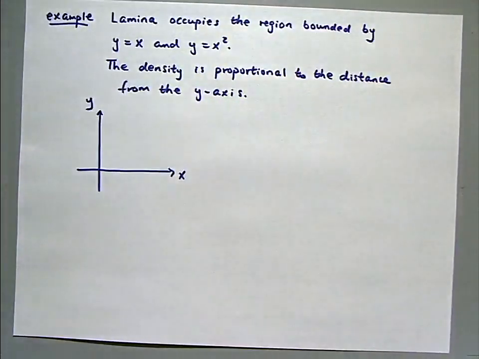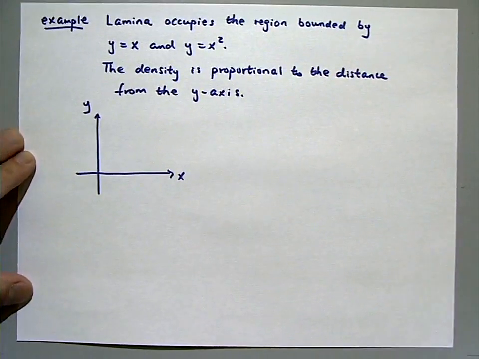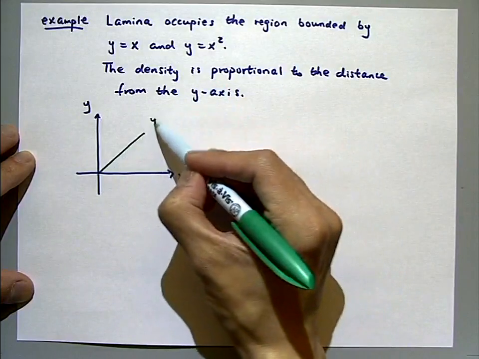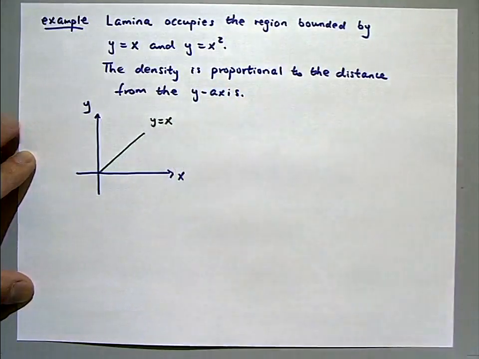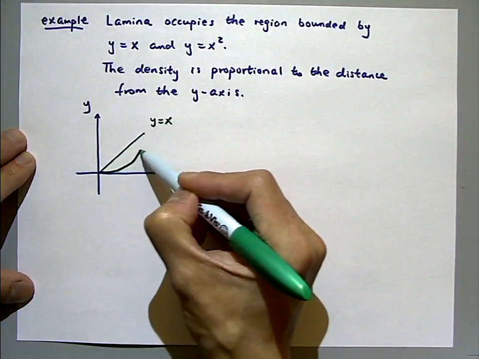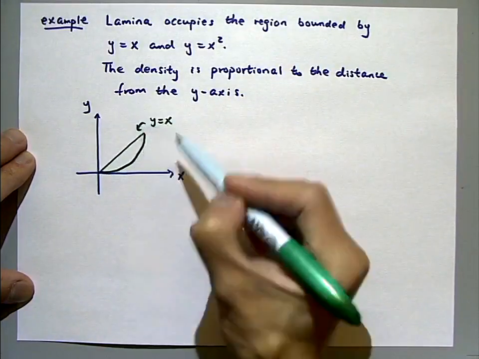Okay, so let's check out what we're dealing with. y equals x is just a straight line right here. y equals x squared is a parabola. And these two things only bound the region in the first quadrant.